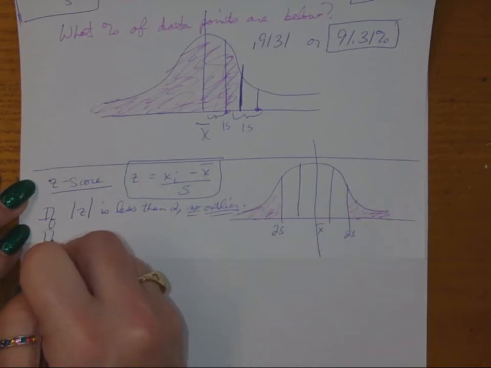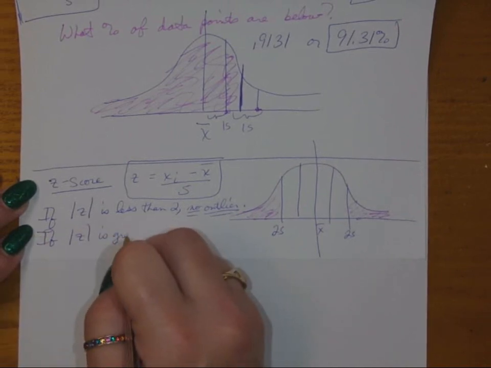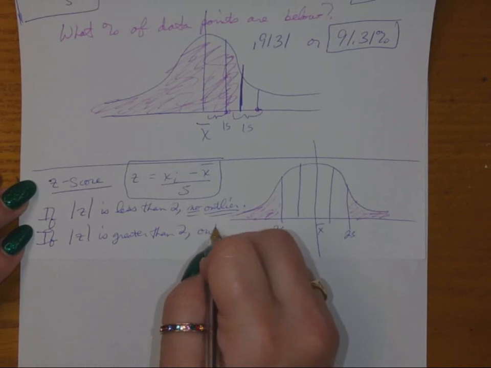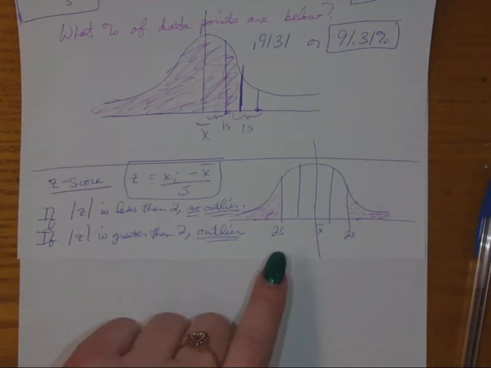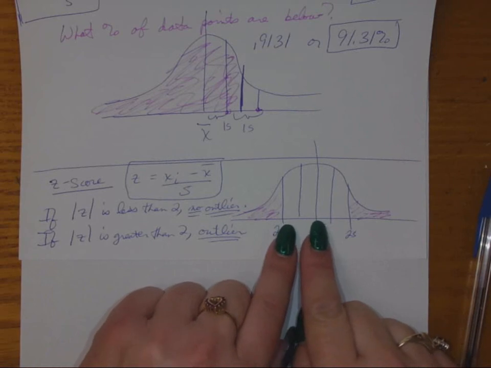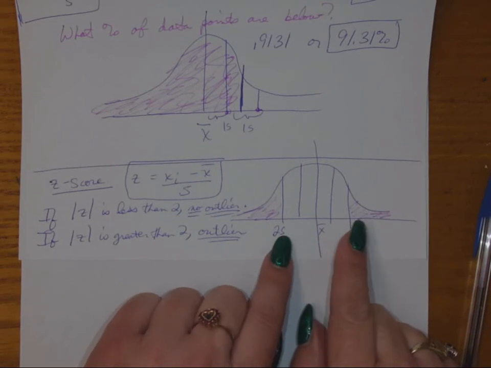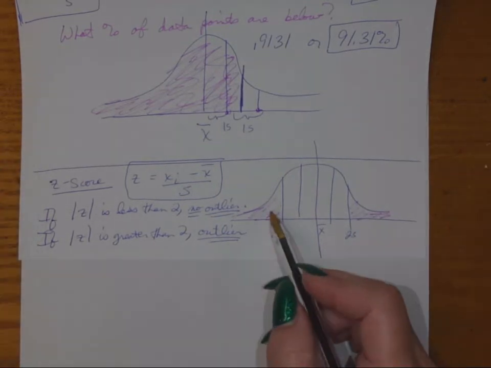But if the absolute value of z is greater than 2, then we have an outlier. Remember, absolute value makes that thing positive.